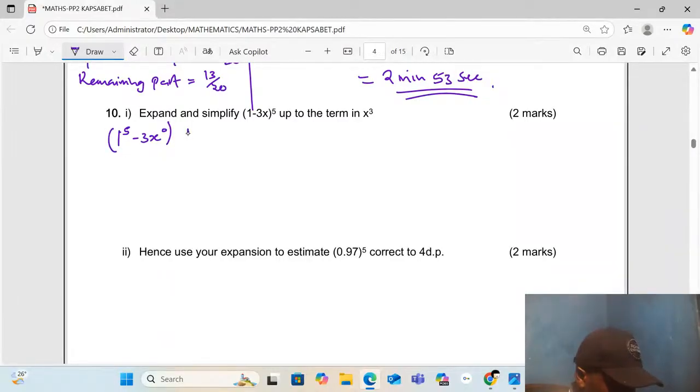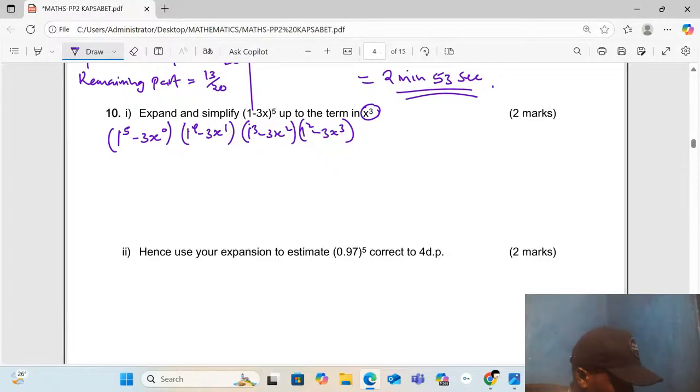Then we're going to have 1 power 4 minus 3x, now power 1. Then 1 power 3 minus 3x, now squared. Then 1 power 2 minus 3x cubed. So they are saying up to the x, where x is power 3. So we can stop there.